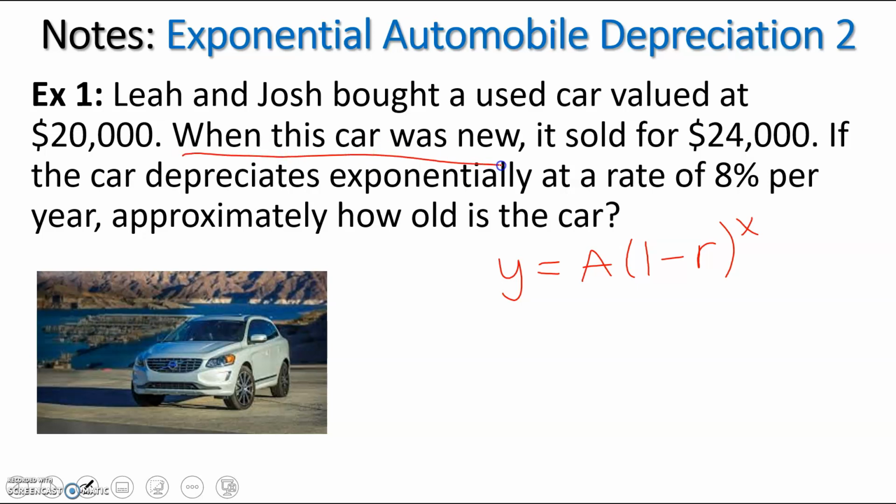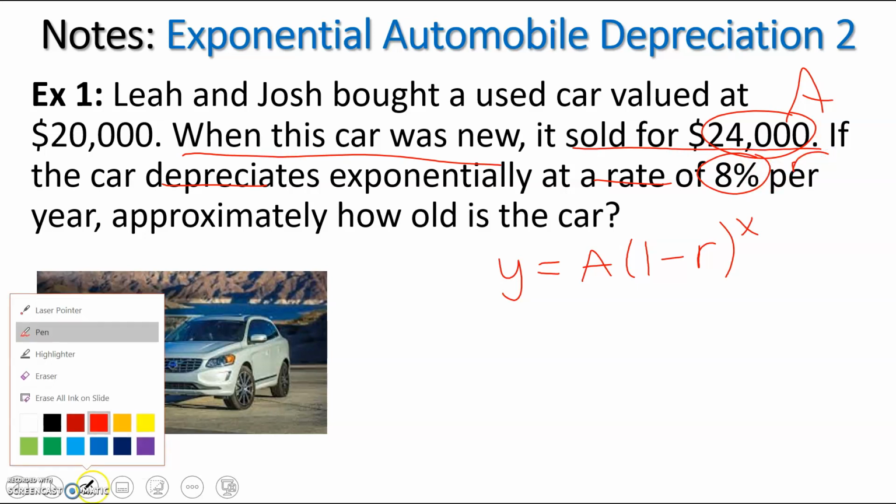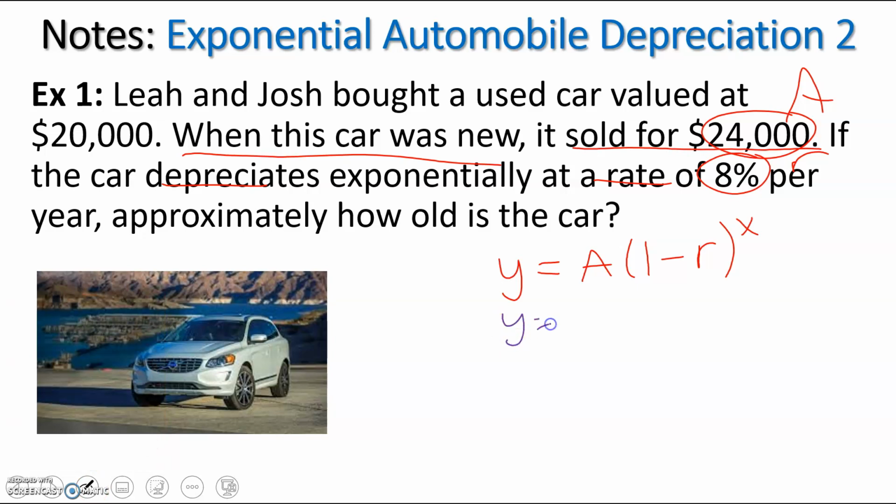Well, they tell us the value when new, so that's our value for a. They also tell us the depreciation rate, and that's 8%, so that's our r. But remember, when we plug it in, it's in decimal form. So far, we know that y is equal to 24,000 times 1 minus 0.08 to the power of x.